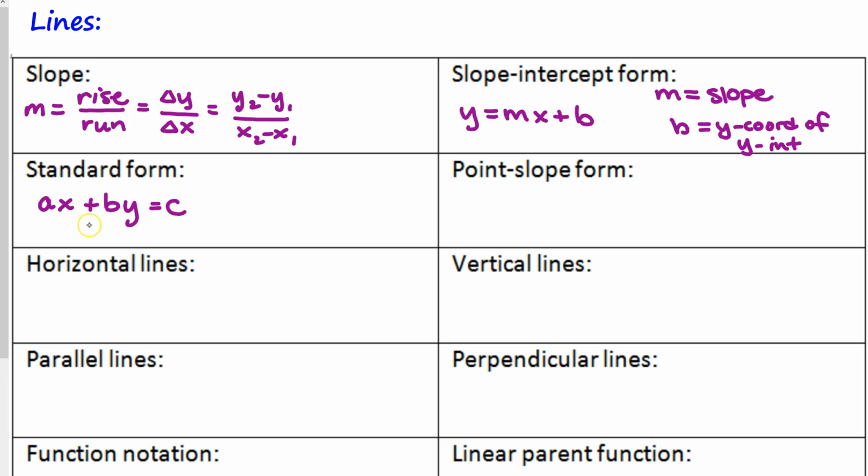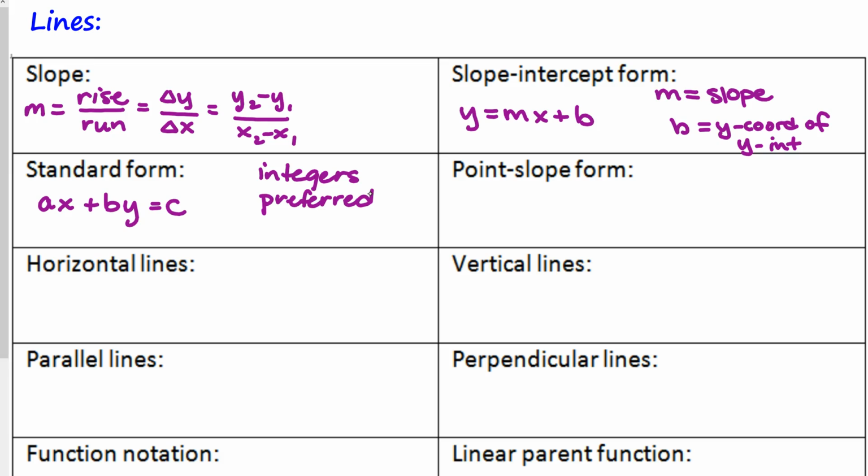Usually it's nice if we do have integer values for A, B, and C, not fractions. So I'll just write integers are preferred. I haven't checked our book to see what it says there. It might be a little bit more strict about that.